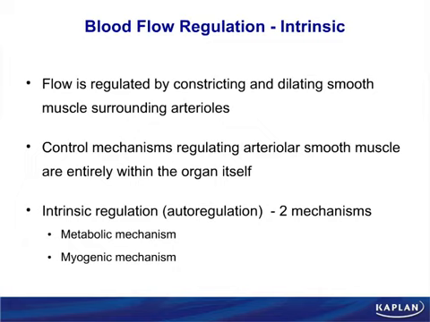Nerves are not involved, hormones are not involved. It is the tissue's way to regulate the faucet. If we think back to our whole body integration, we want to regulate those faucets. Well, this is the tissue's way to regulate the faucet, and again, that's regulated at the arterioles.